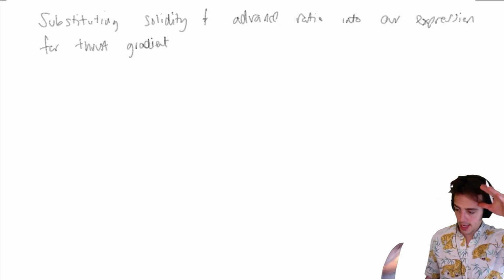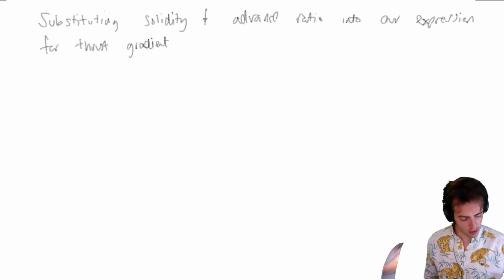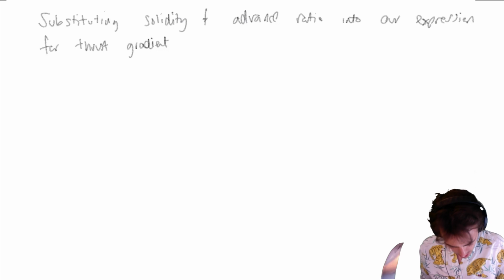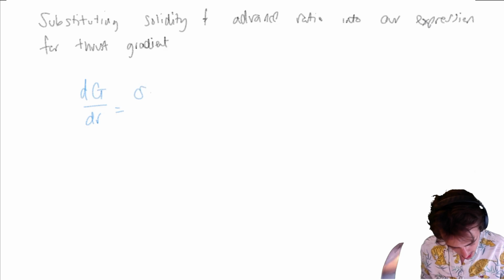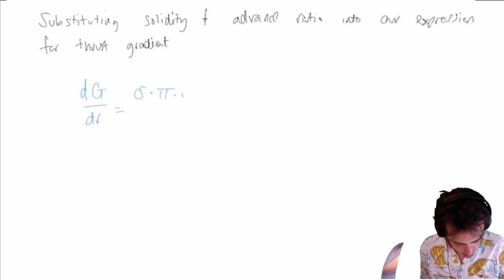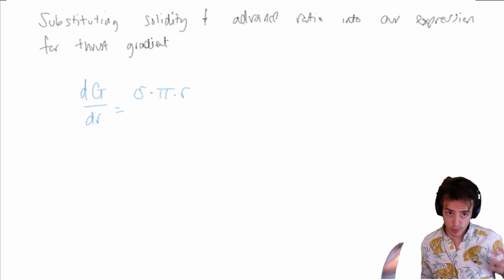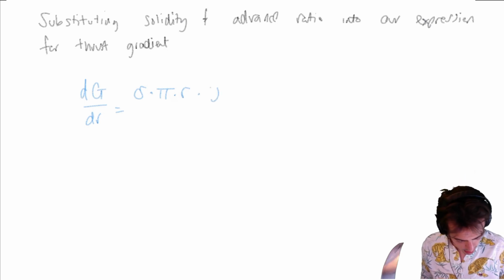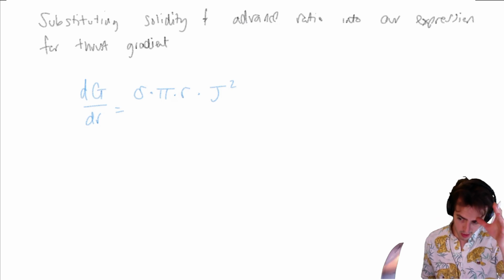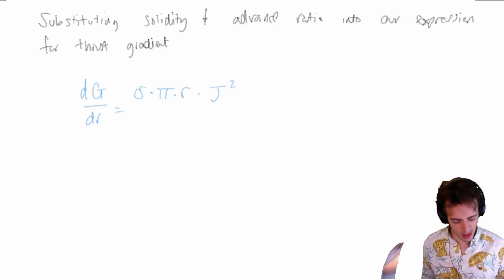So we're going to substitute the solidity and the advance ratio into our expression for the thrust gradient. So we have dCt on dr is equal to the solidity multiplied by pi multiplied by r. So that is what was previously BC. We're then going to put j squared, because this is where our advance ratio, we had j squared on d squared.